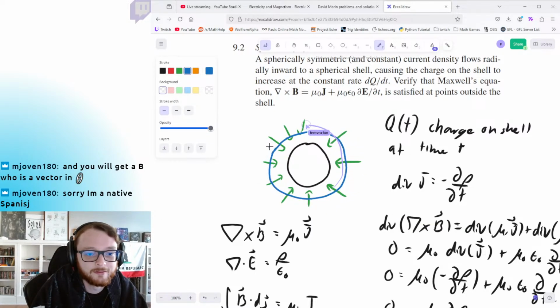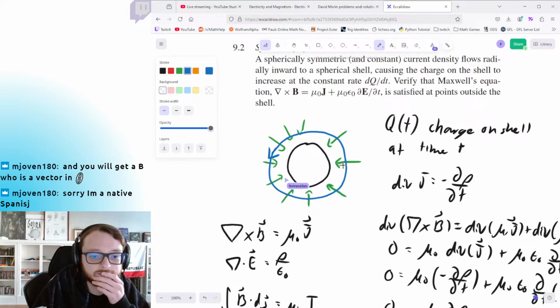But here's the thing. If it's a sphere, if it's spherically symmetric, then what if we just rotate it 90 degrees and we're looking at it side on now, right? Well, then it'd be going like this, right? Like North Pole to South Pole, like that. No, I'm imagining the magnetic field is spherical, I guess.